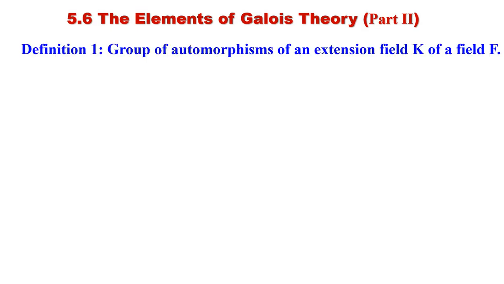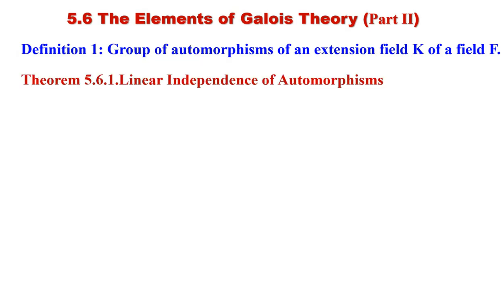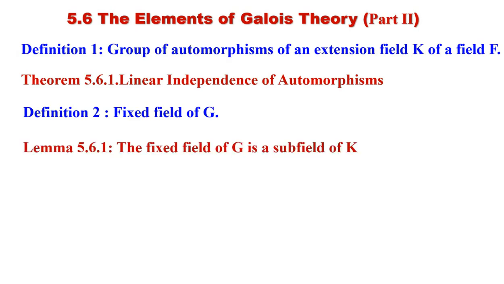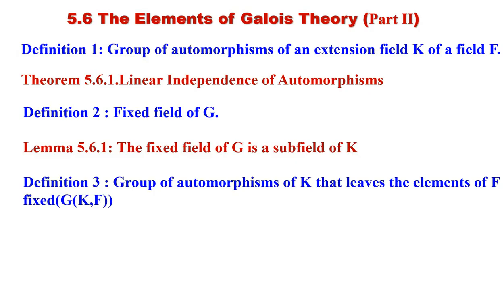This is the second part of section 5.6, the elements of Galois theory. Now, in this video, we are going to just recollect this definition, group of automorphisms of an extension field K of a field F, and this theorem, linear independence of automorphisms of K, and then the definition of fixed field of G. This lemma, the fixed field of G is a subfield of K. And we are going to have the definition of automorphisms of K that leave the elements of F fixed, which is denoted as G(K,F).